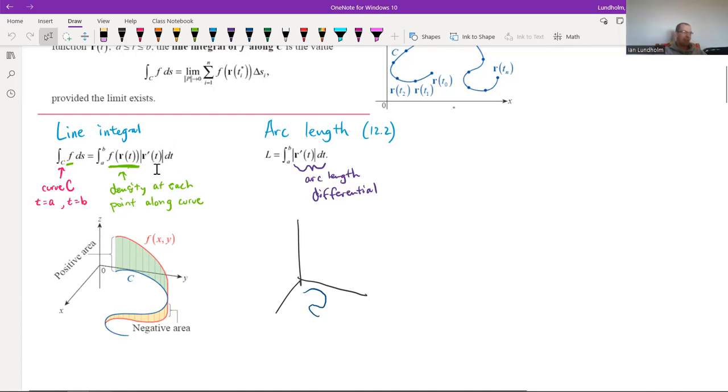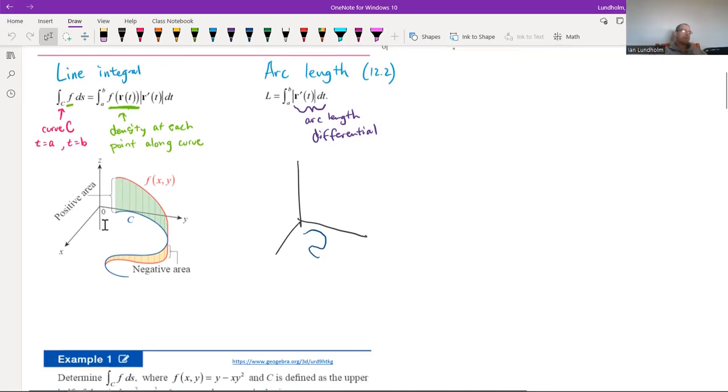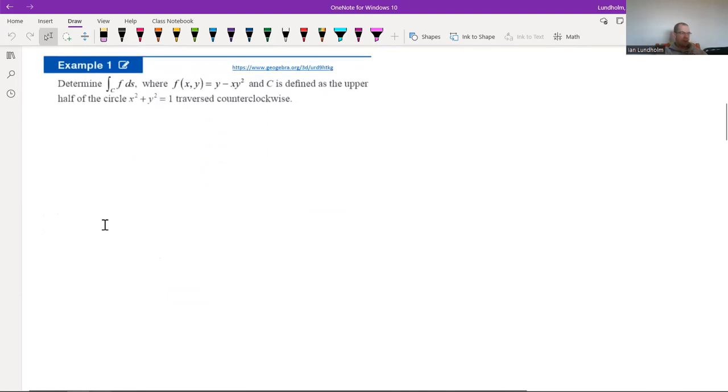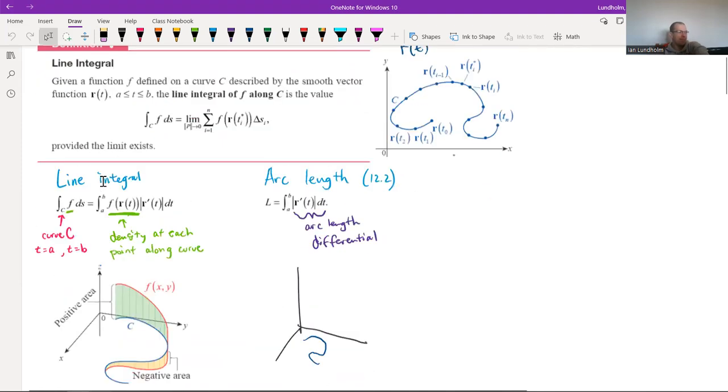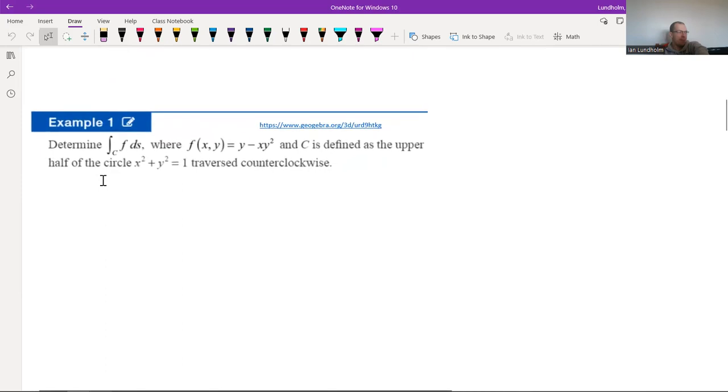So we're going to be calculating that to figure out the speed at which we're traveling along the curve. F of r of t gives us the height at each point along the curve. And a and b are the starting point and the ending point along the curve in terms of t. Cool. And hopefully this will make more sense as we get into it. We'll zoom in a little bit, I think.